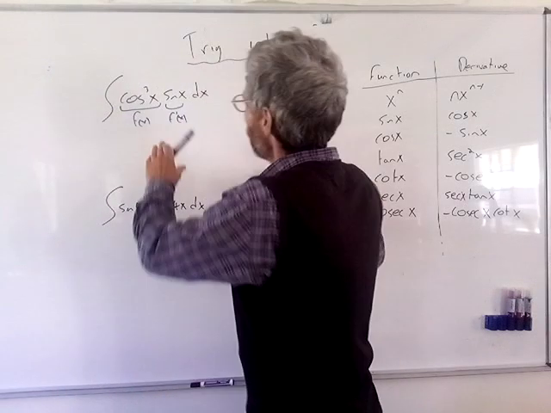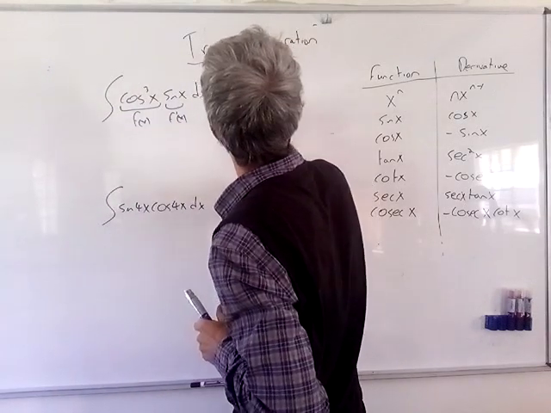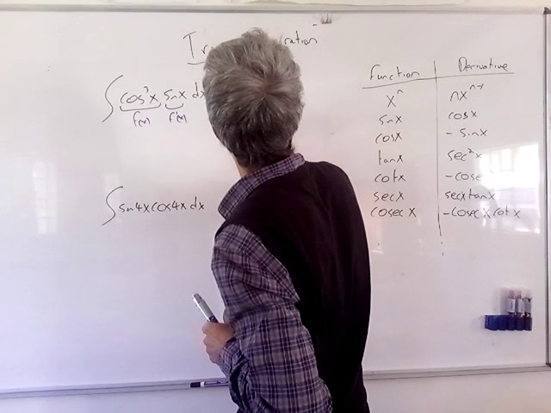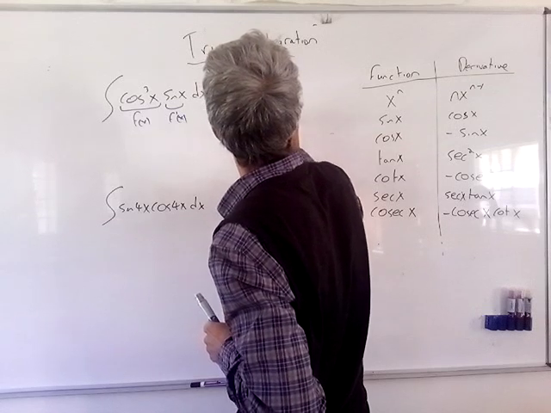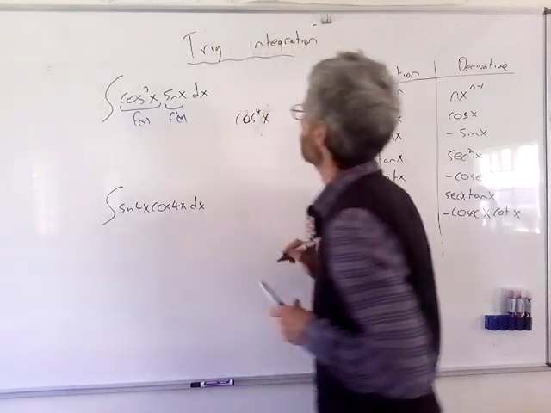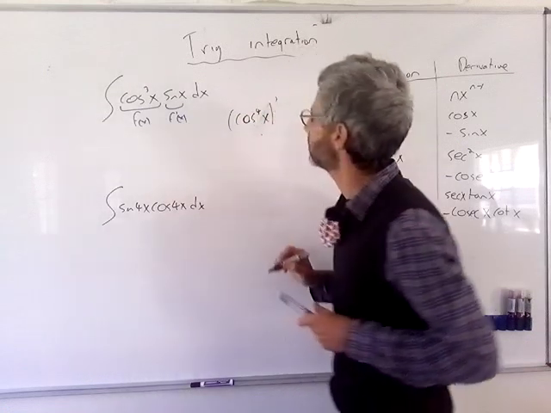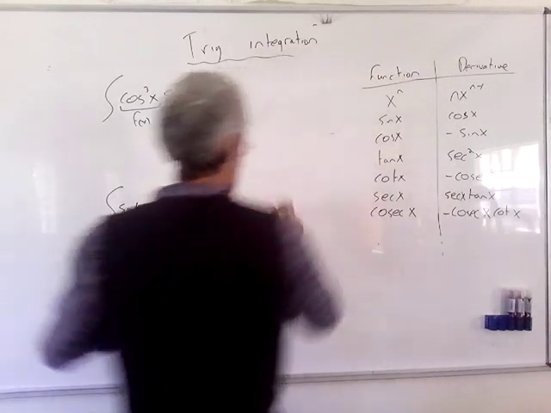Let's just pause here for a second, and let's look at cosine x to the power 4. Let's do the derivative of that.